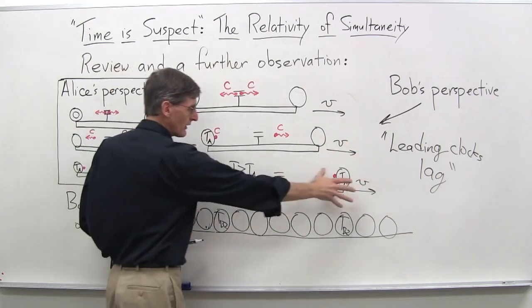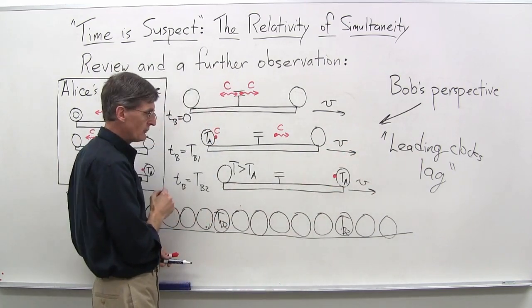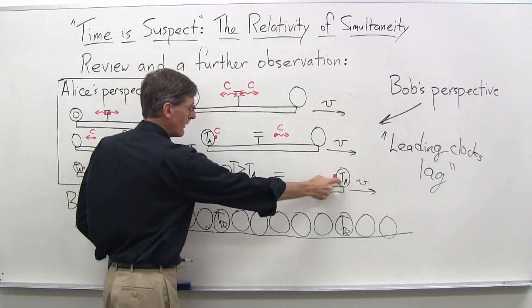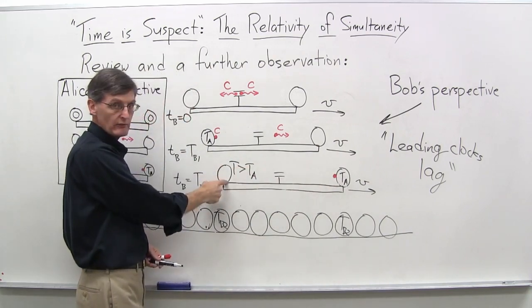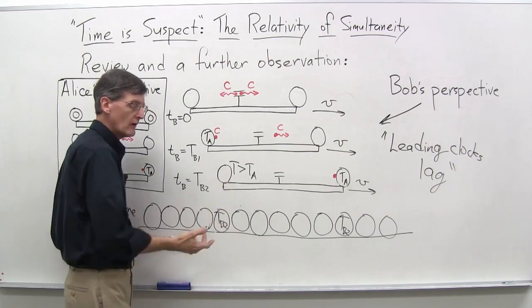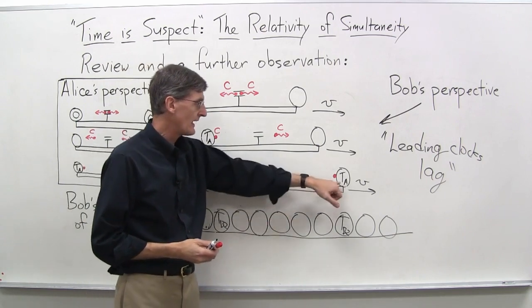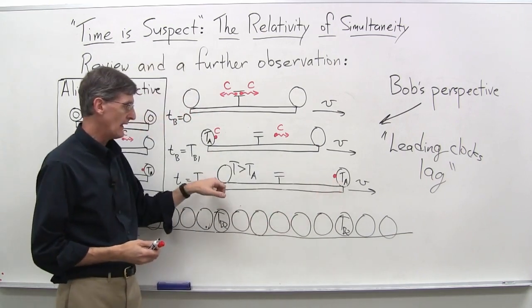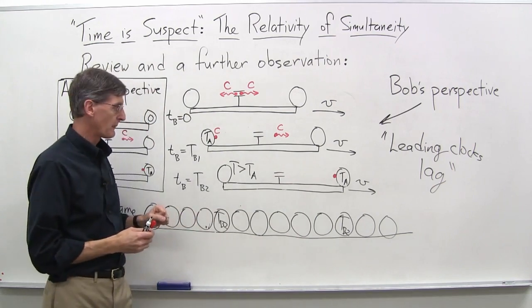Alice's clocks, as far as Bob is concerned, the leading clock on the leading edge as she's moving in that direction is going to be behind a trailing clock, wherever it might be. And later in the course, we're going to do a calculation so we can figure out exactly how much this clock lags that clock. It's going to depend on the distance between them.